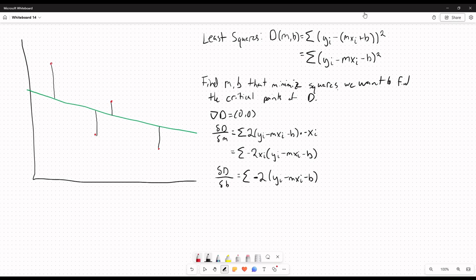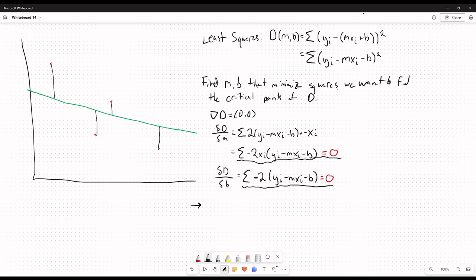And what we want to do is set each of those partial derivatives equal to 0. While that might seem intimidating, due to some algebra shenanigans and breaking up our sums into different parts, we can actually rewrite these equations relatively simply.